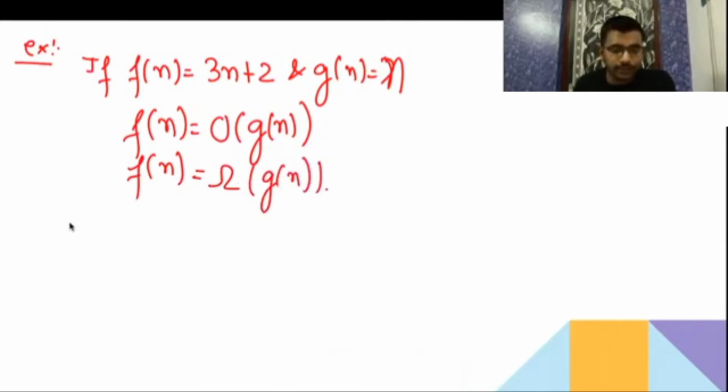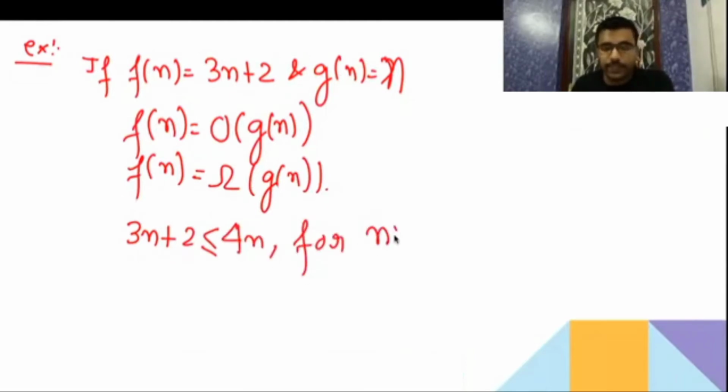You write down: 3n plus 2 was smaller than 4n, for n naught greater than equal to 2, n greater than equal to n naught and c equal to 4.